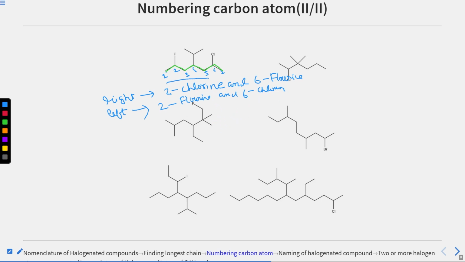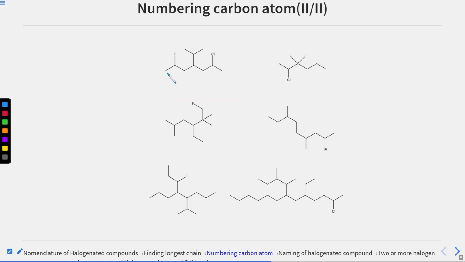So this one goes correct because we got chlorine at a smaller number. Therefore, first of all, this will be the longest chain, and the numbering will start from the right side. 1, 2, 3, 4, 5, 6, 7. So we are done with this numbering.